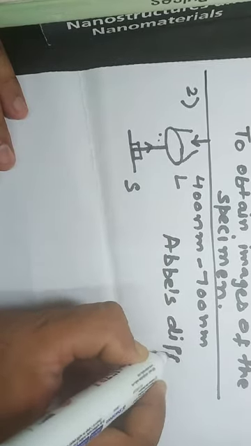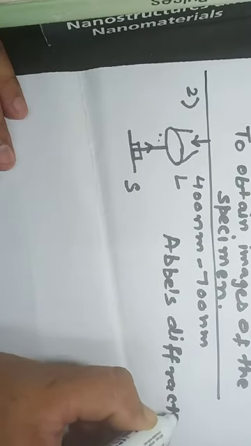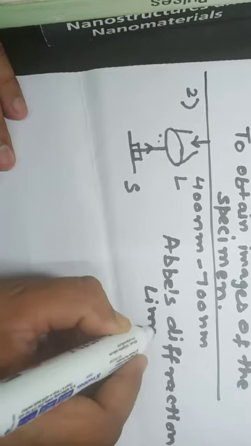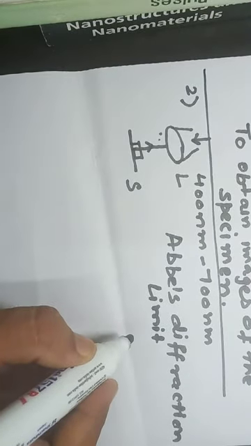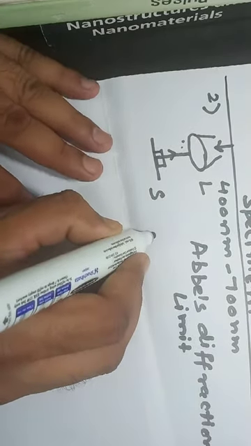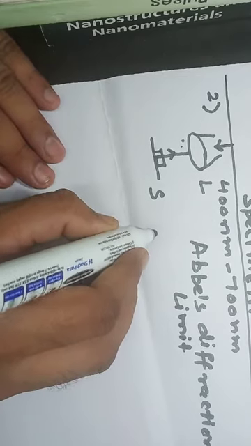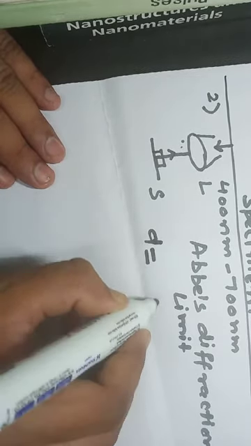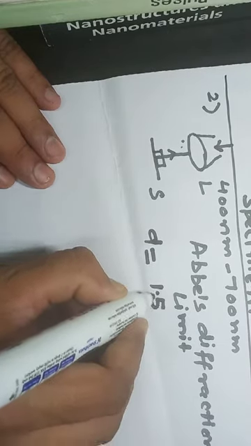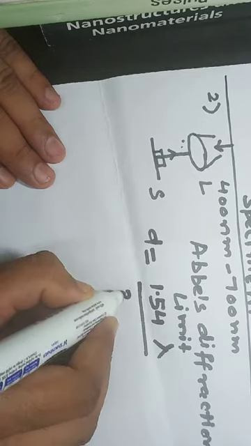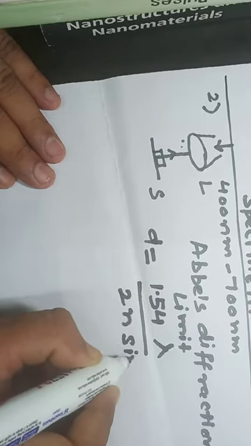This is an important parameter which will decide why we need to have the electron microscope. The optical resolution in the case of an optical microscope is given by d is equal to 1.54 lambda over 2n sine alpha.